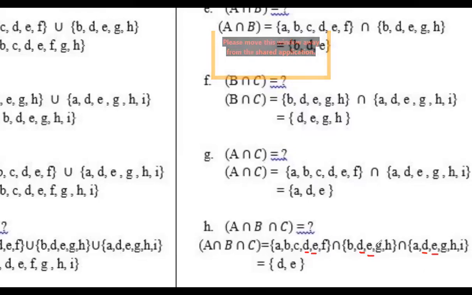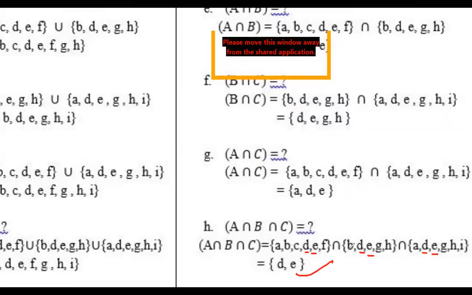Is F common in all three numbers? No. After that, no need to see all the numbers because they will not be common. So the common numbers are D and E only. Intersection means we need to get the common in all three.